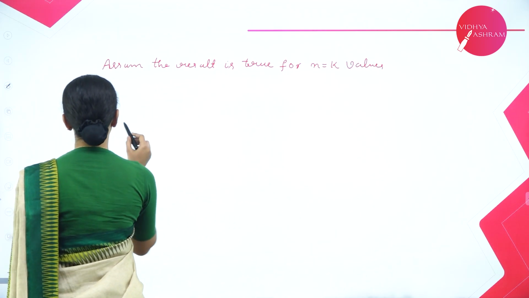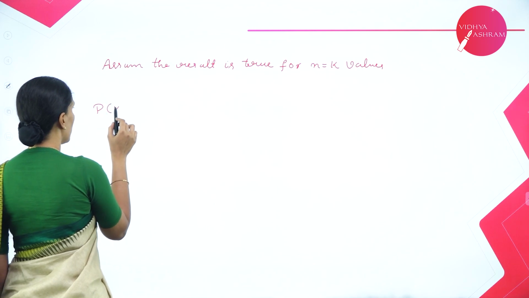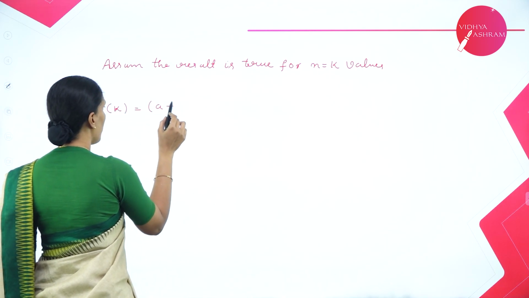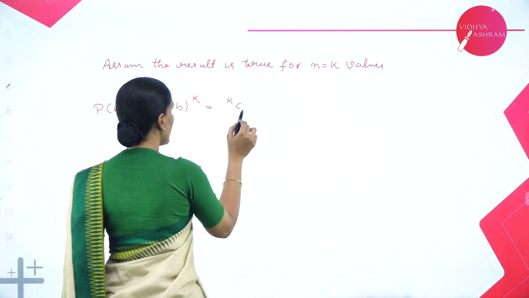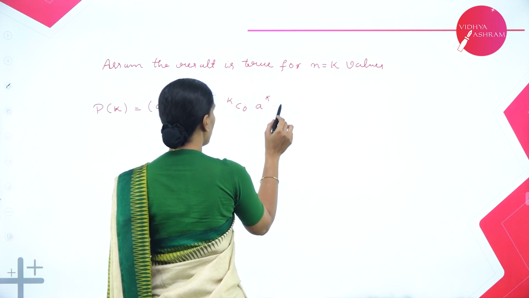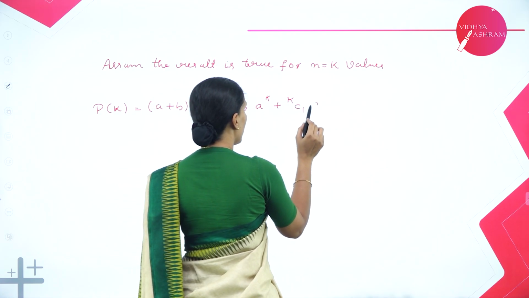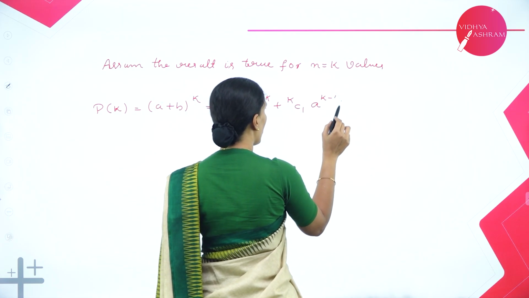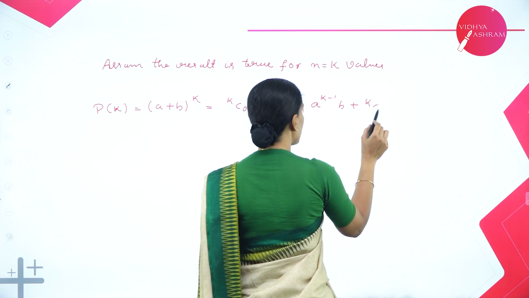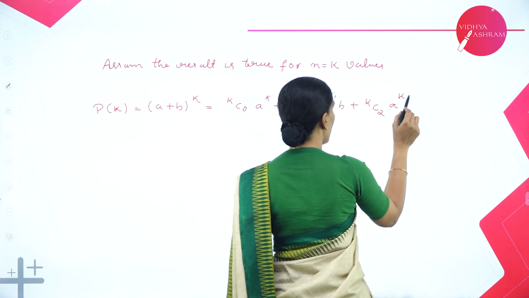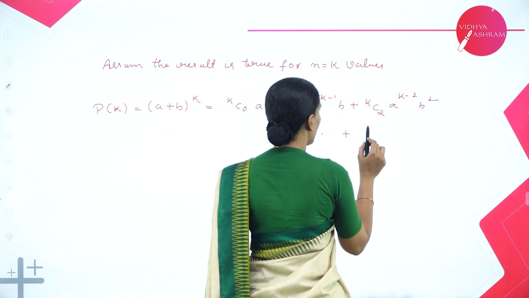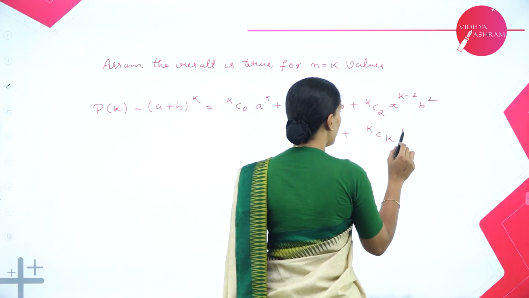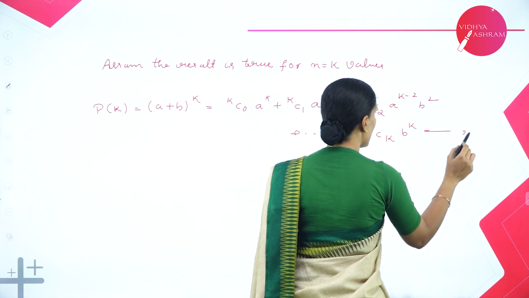So that means P of k, which is (a plus b) whole power k, is equal to kC0 a power k plus kC1 a power k minus 1 b plus kC2 a power k minus 2 b square, and the last term kCk b power k. So let me take this as equation 2.